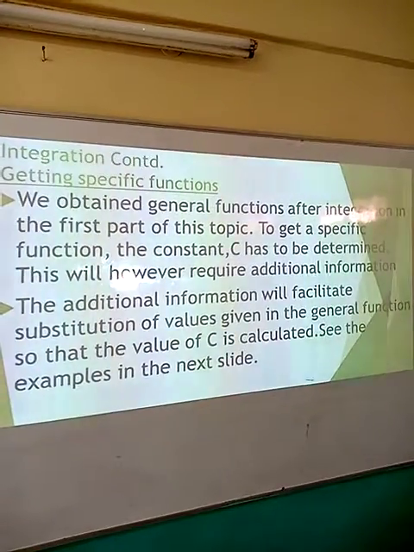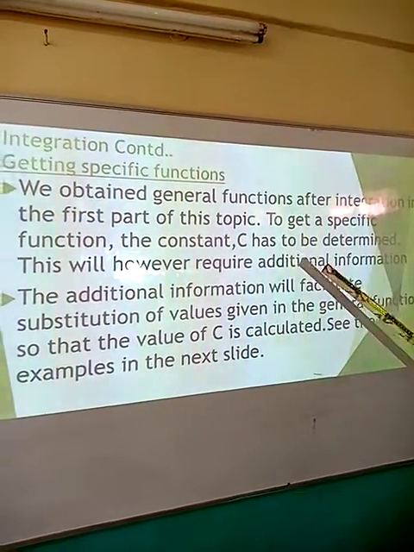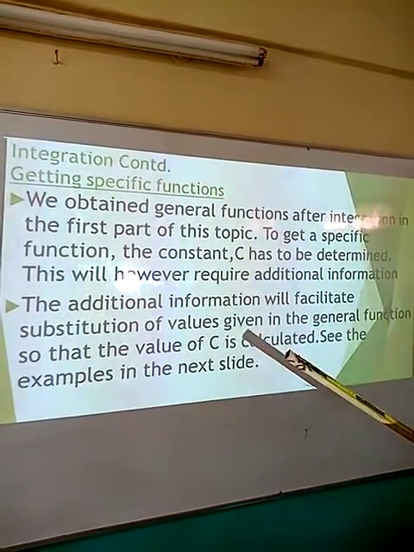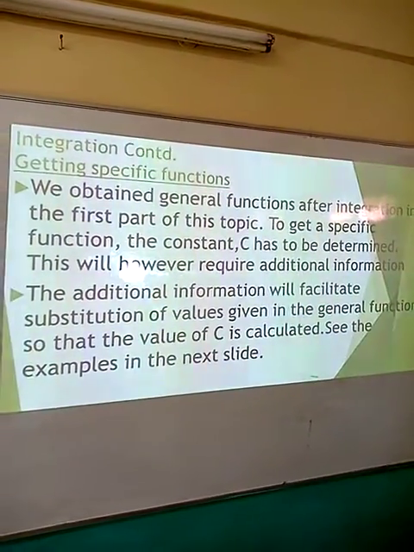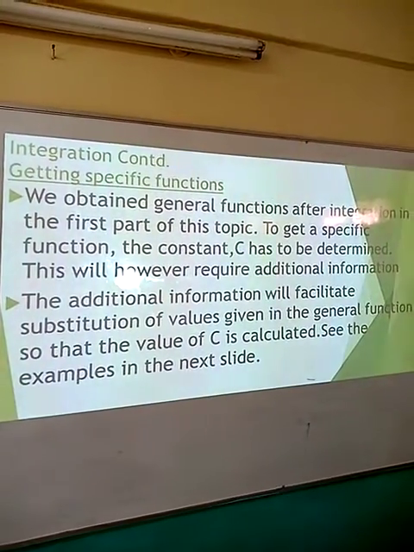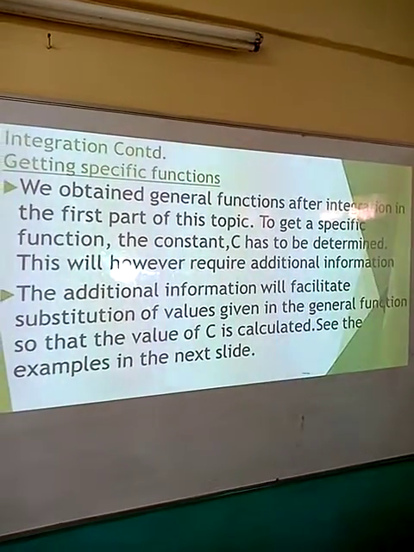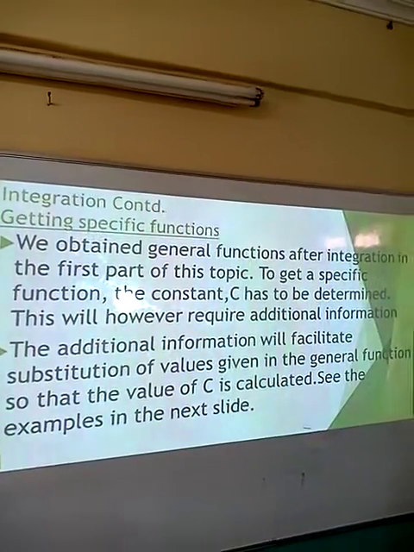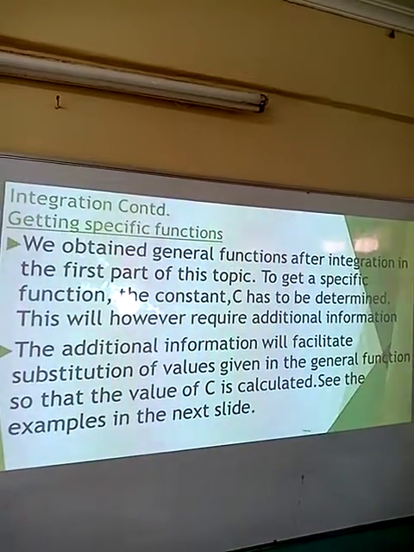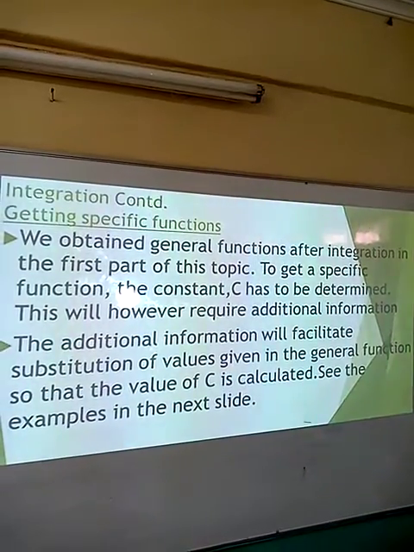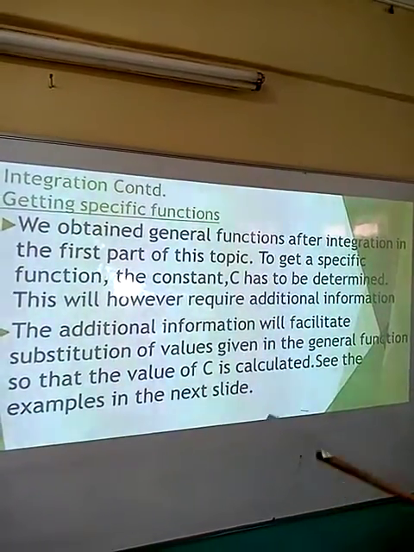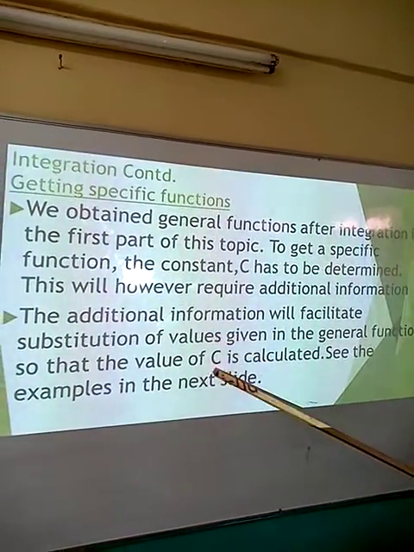But we want to learn today that we can move from that general function to a specific function where the value of c is determined. For that to happen, we need to have additional information in the equation that can help us to substitute in the general function so that we can calculate that value of c.